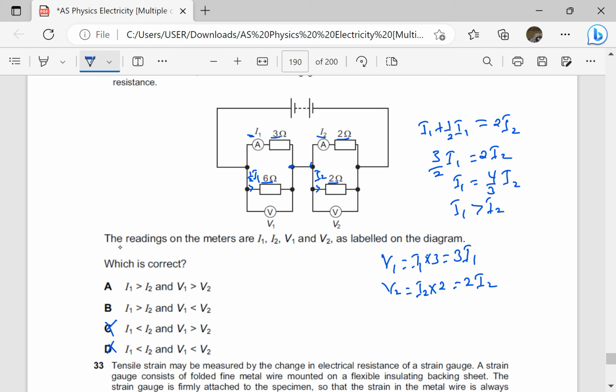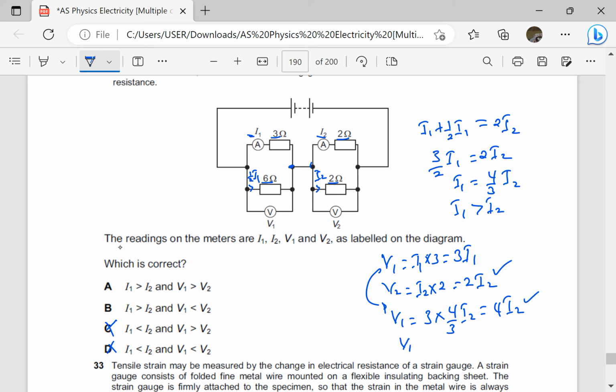But remember, if I go back to the first equation here, V1 is going to be 3 times I1, which I1 is 4 over 3 I2. So V1 is 3 times 4 over 3 I2, which gives us 4 I2. So V2 in terms of I2 is 2 I2 and V1 is 4 I2.